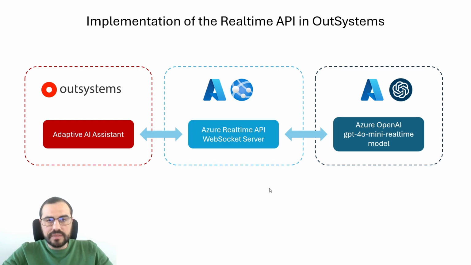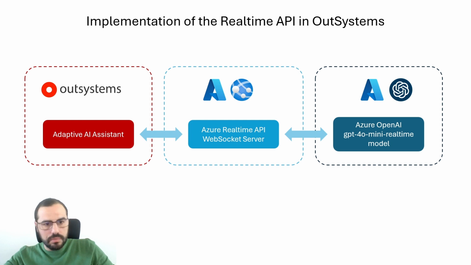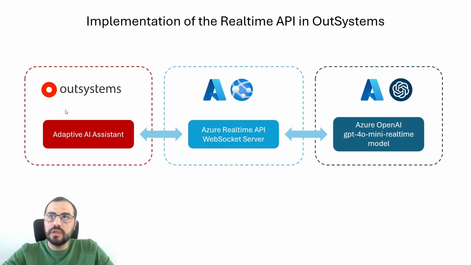And you might ask, okay, but why don't you simply use it on the server side? Why don't you create a way for OutSystems on the server side to connect with the OpenAI model? And the answer for this is very simple. OutSystems does not allow WebSocket connections on the server side.